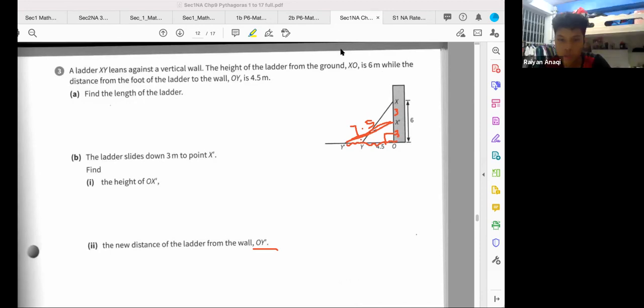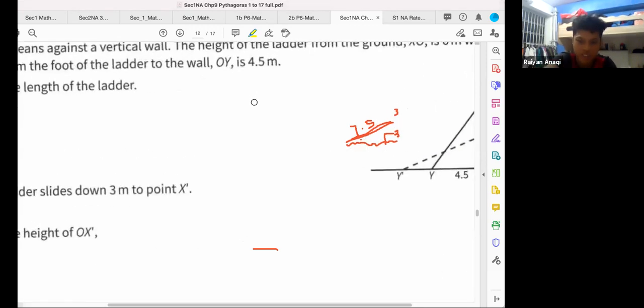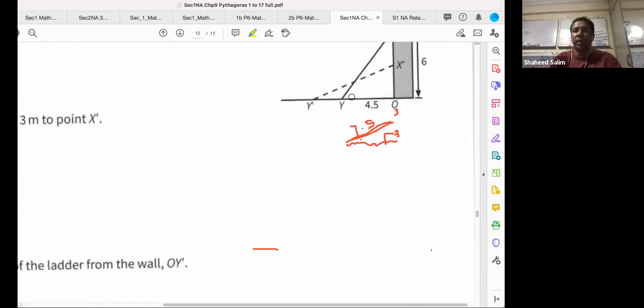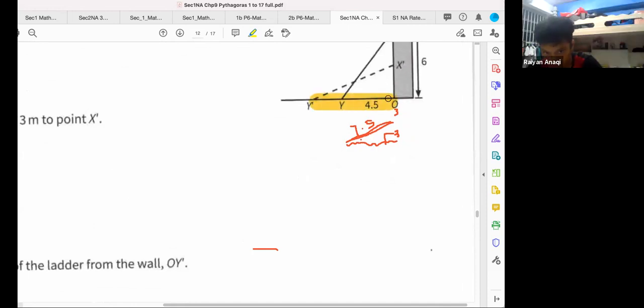Or do you need me to enlarge it? So the 4.5 is no longer that one, right? Now we want to find this one down here.